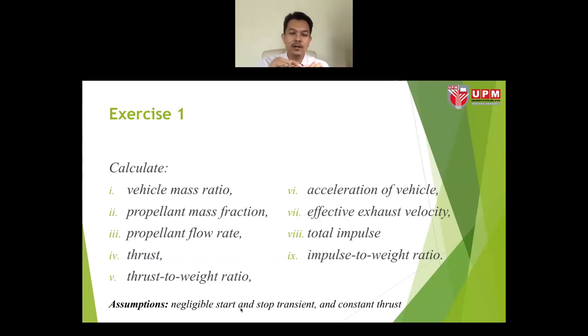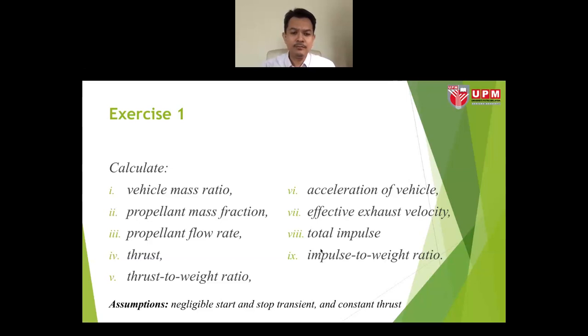For example, the temperature does not suddenly go from zero to 100 degrees Celsius, or 1200 degrees Celsius. It has a graph, it has a curve. So in this particular situation, we simplify and assume the start and stop transients are negligible.